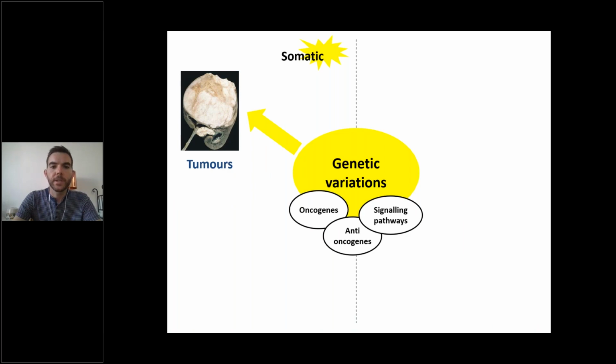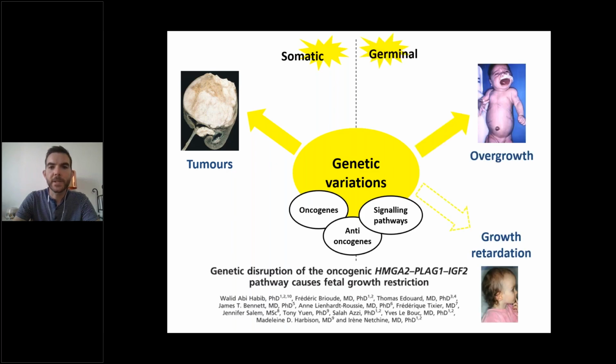For years, we knew that somatic genetic variations in oncogenes, anti-oncogenes, or in signaling pathways have been described in tumors when these variations occur as a somatic event. But more recently, germline genetic variations in the same pathways have also been implicated in growth disorders.